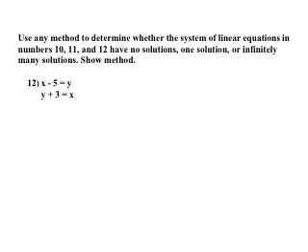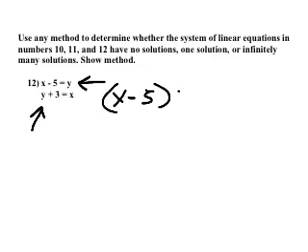So I think I'll just stick in this one, this y, into this y, which is x minus 5 plus 3 equals x. Okay, and now I will combine like terms.